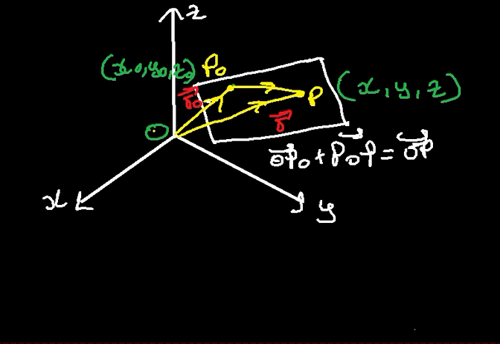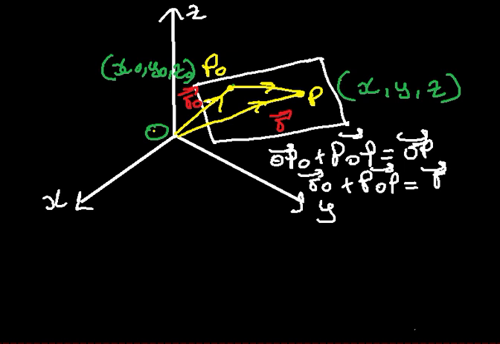So what is vector OP naught? We have it as R naught. And what is the vector P naught P? We don't know how it will be, but it is given as that. And what is the vector OP? It is given as the vector R.